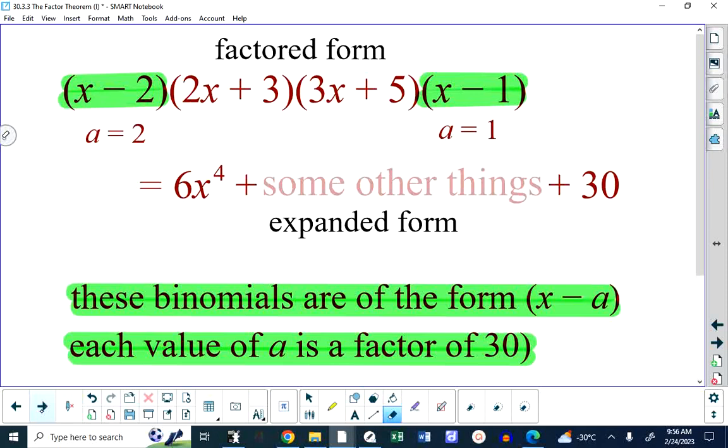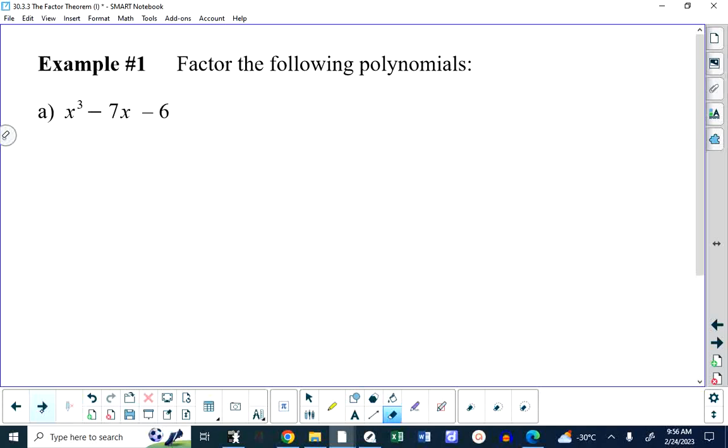So what are values of x that we try to make the polynomial 0? We try numbers that are factors of the constant term. Let's do this. X cubed minus 7x minus 6.